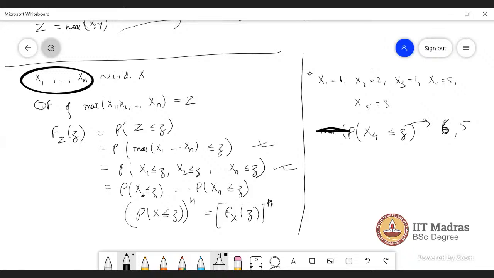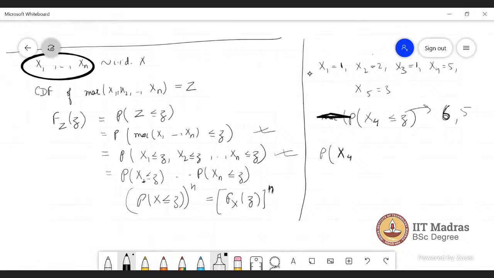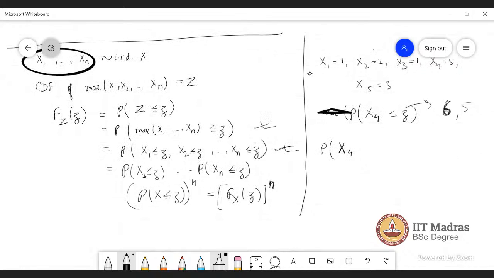Now, are we not supposed to find the probability of x4? I mean, amongst the set x1, x2, x3, x4, x5, the probability of finding the maximum, which should be less than 6. Over here in the third step, we have moved to the probability of each being less than 6. But where is that maximum now?